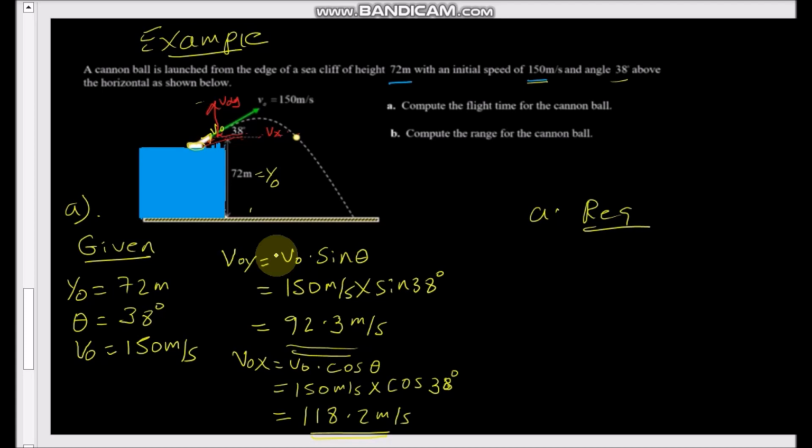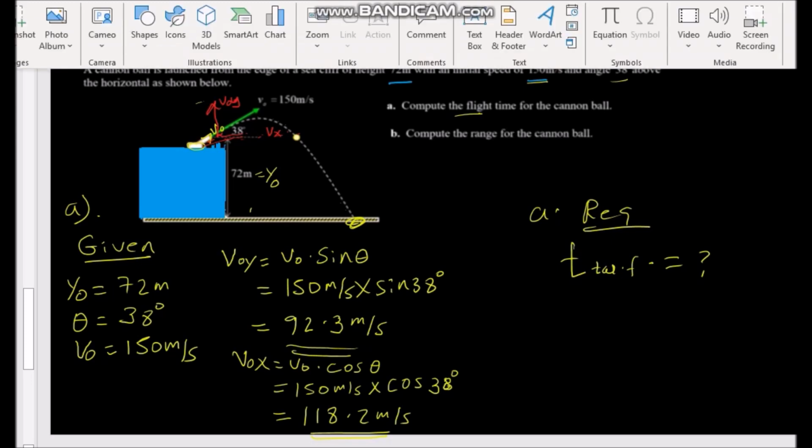That means the cannon ball starts from here and then passes through and arrives here. We have the total time of flight. That total time of flight is required here. Total time of flight is equal to how much?